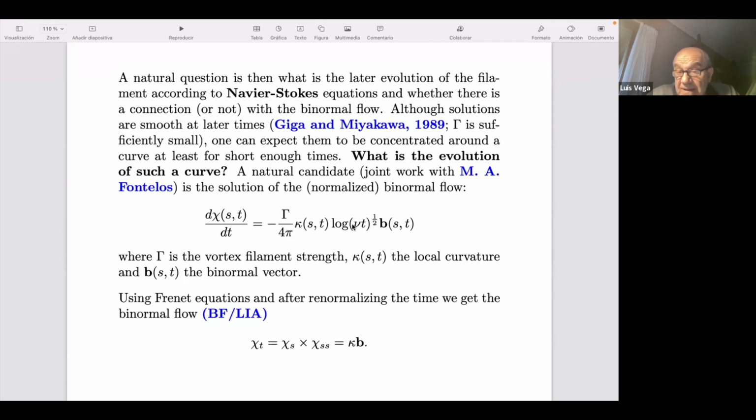Really, to desingularize the Biot-Savart integral is the same in our case as saying that epsilon is precisely the viscous scale, the square root of the viscosity times the time. Once you have this law, it's a question of reparametrizing time to kill the log and also this constant. So you can reduce to this simple model, which is curvature times the binormal.